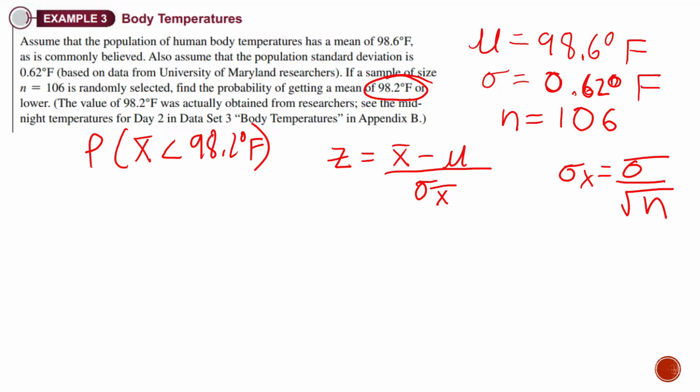I did about half the work for you. I wrote down the numbers. I wrote down the formulas.